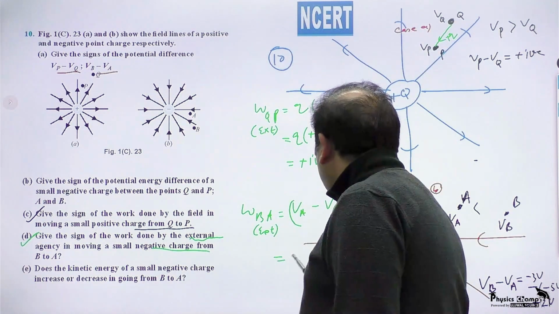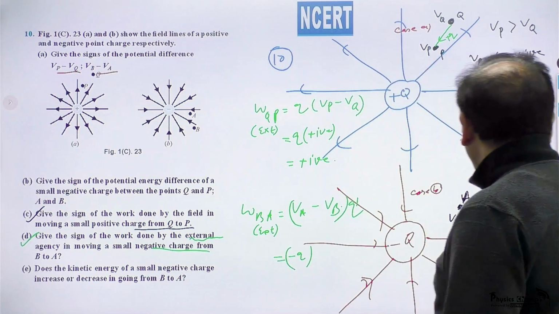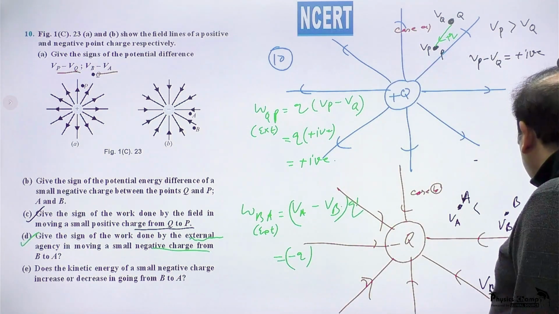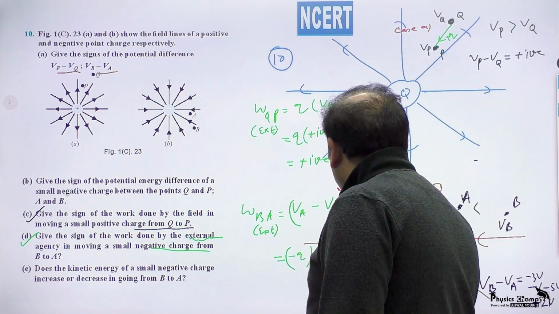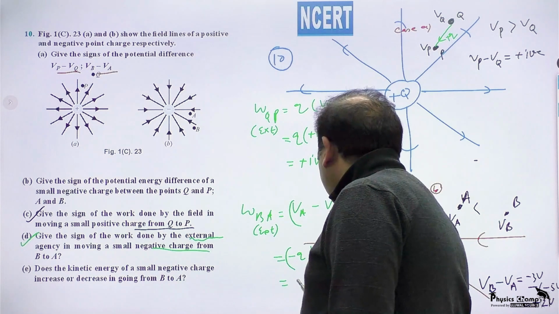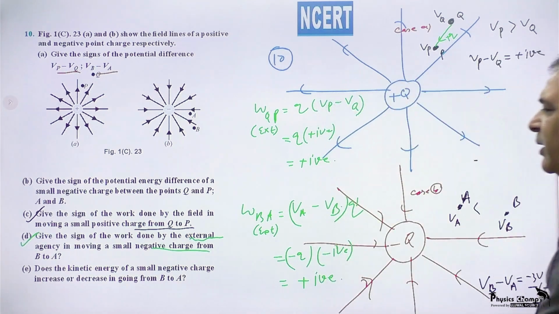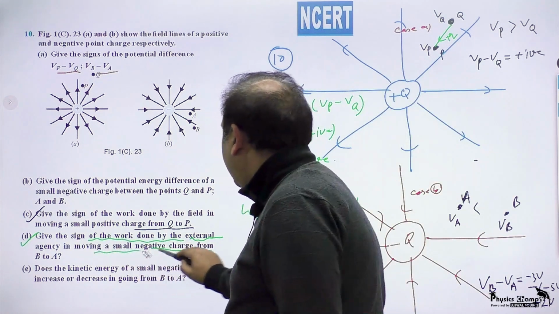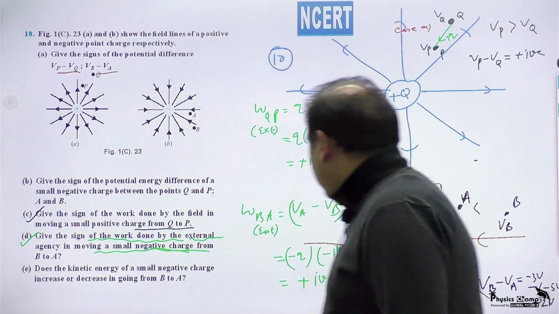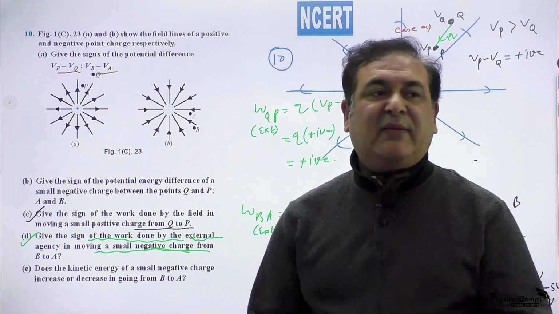So charge is negative, whatever is the charge, and also VB minus VA is positive, so VA minus VB will be negative. So ultimately we are getting a positive work. It means the sign of the work done by the external agency in moving a small negative charge from B to A will be positive. Yes, the work will be done by the external agency.